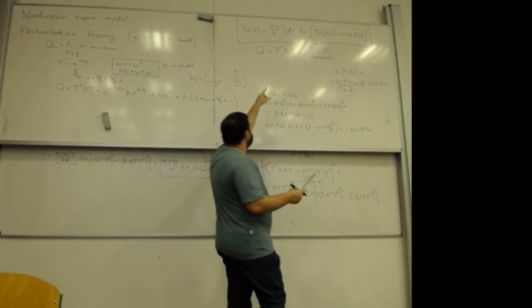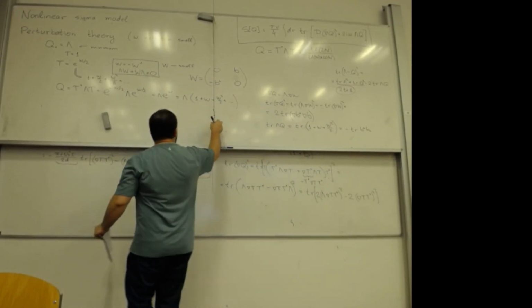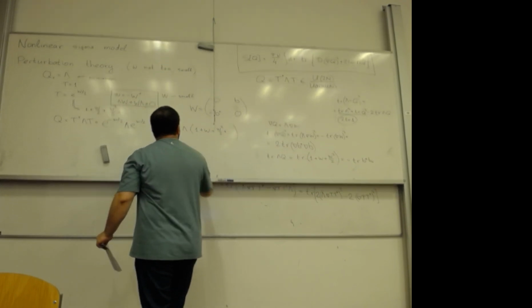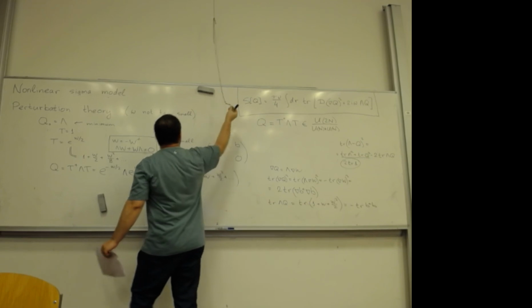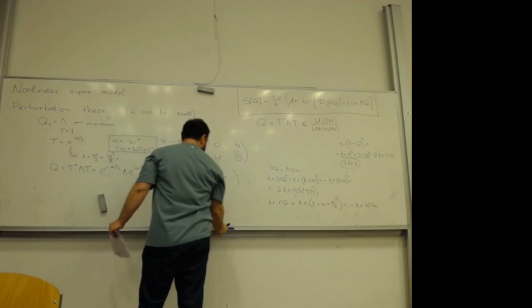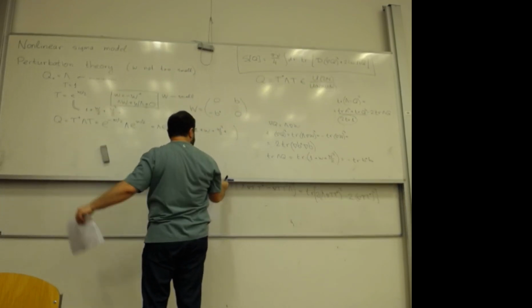So if I put all these things in my action, this is the action. I will get an expansion of the action near the minimum, near the saddle point lambda.